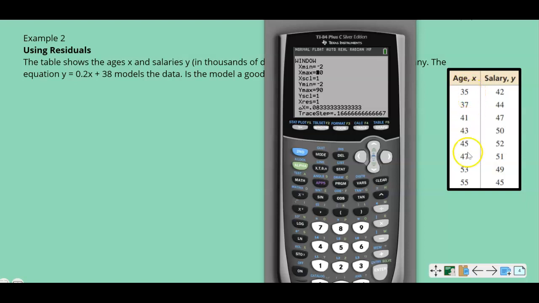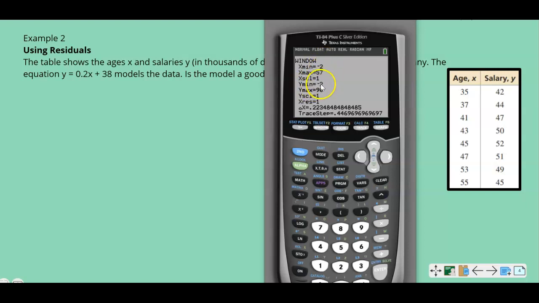So our lowest one is 35. So we need to go up to at least 55. So let's just do 57. All right, and our y values, 42 up through 52, and then 45. So we have to have a negative when it says minimum. If you don't have a negative here, it'll say error.